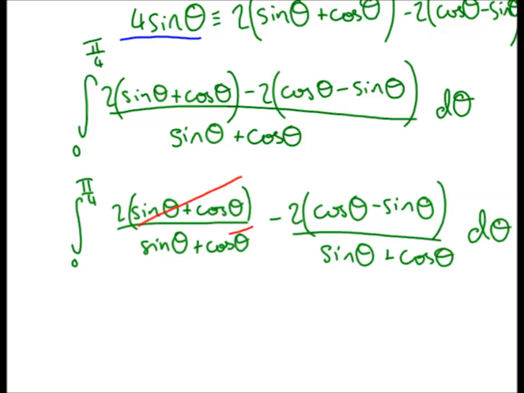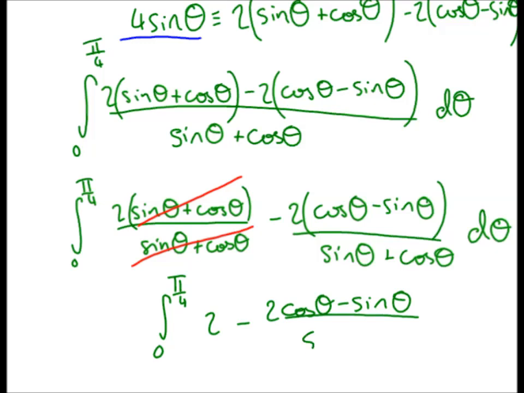Here I've got the same on the top and bottom being multiplied all the way across my fractions, so I can cancel them. And I'm left with the integral between pi over 4 and 0 of 2 minus 2 cos theta minus sine theta over sine theta plus cos theta.